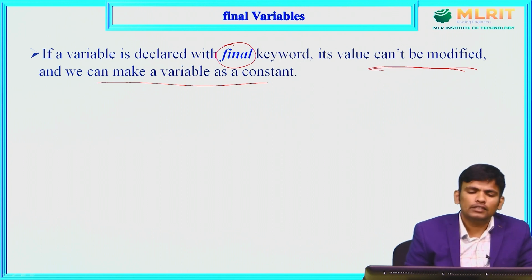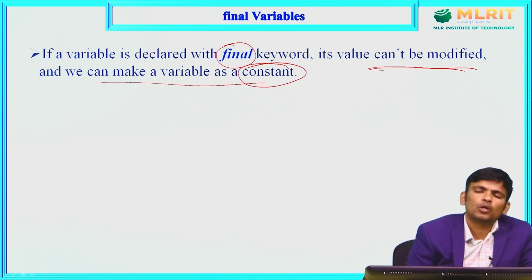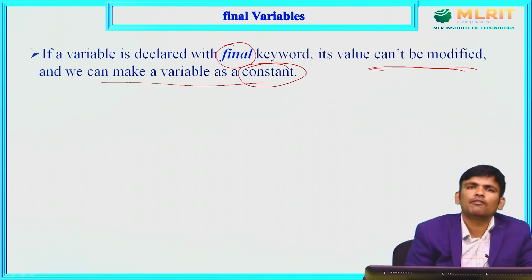A variable's value normally can change during execution of the program, but if you give the final keyword to that variable, it becomes a constant, and during execution of the program we cannot modify that value. That is the behavior of the final variable.